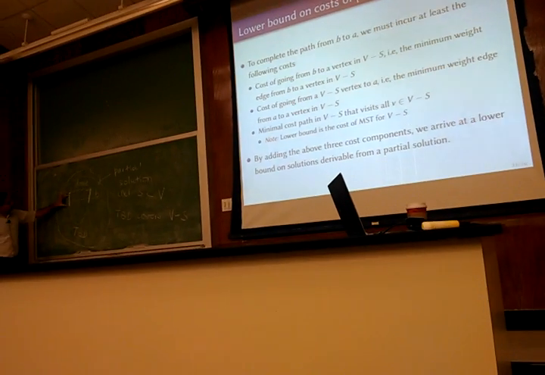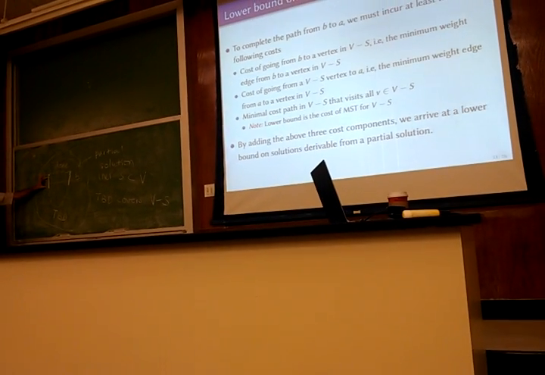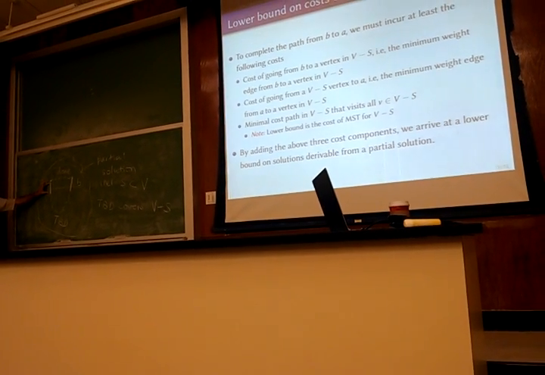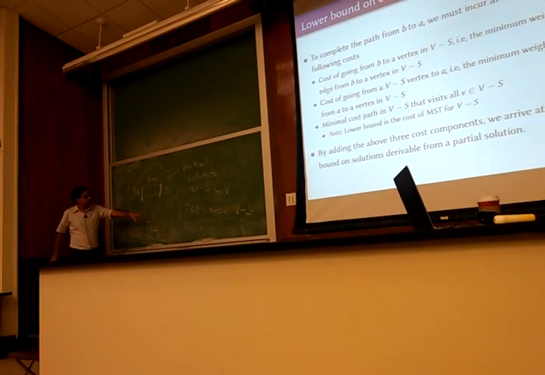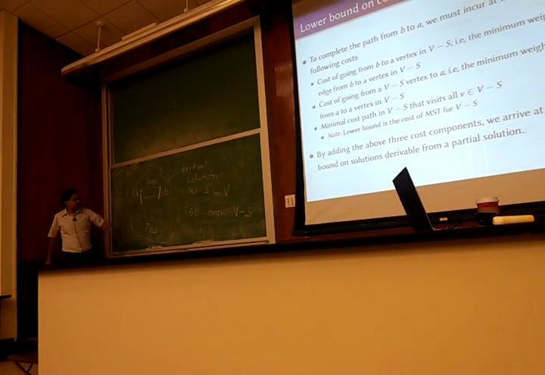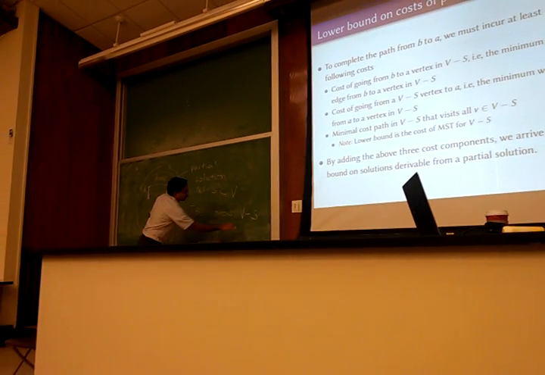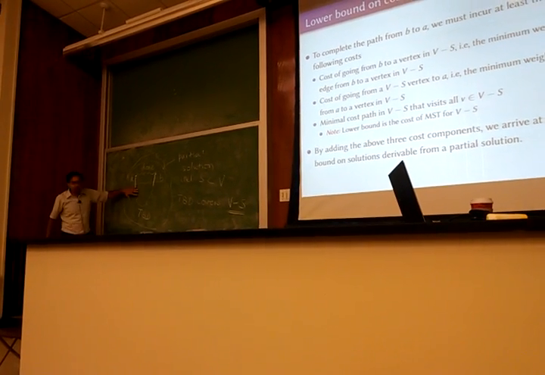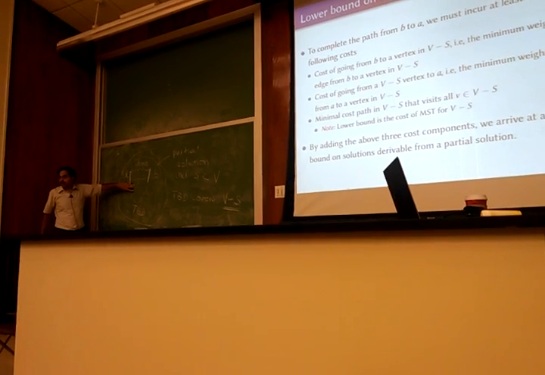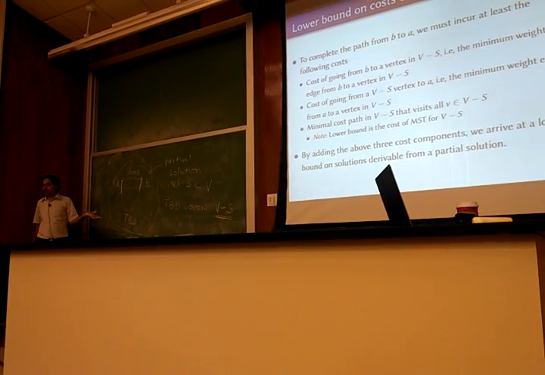The bound on the cost of this edge is easy to find, right? So we basically take all of the edges that go from A into this part, which is V minus S. We consider all edges that go from A to this part of the graph, and we pick the minimum cost edge, right?